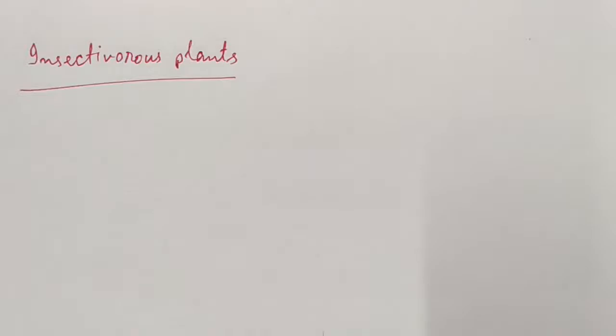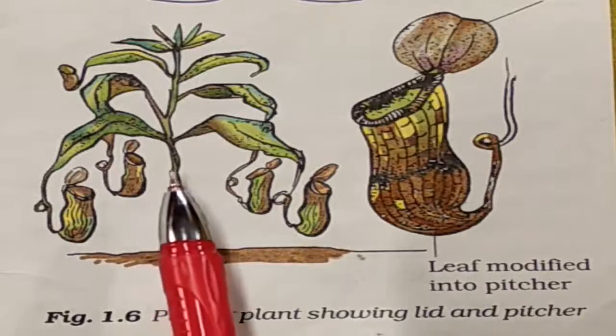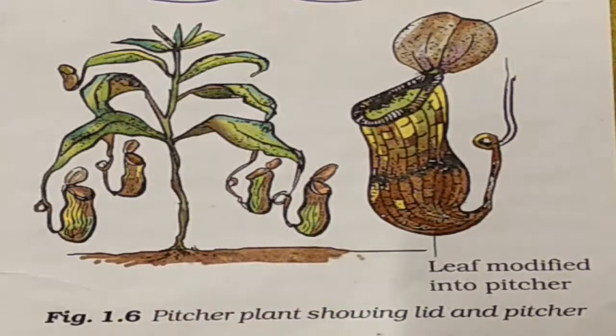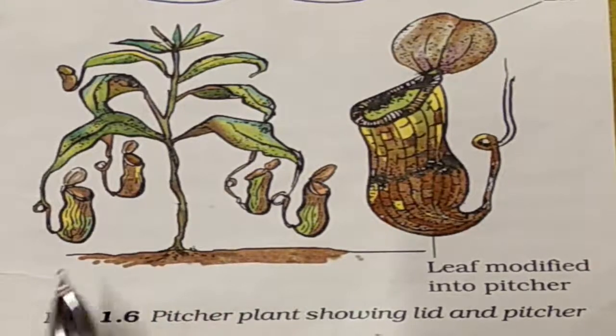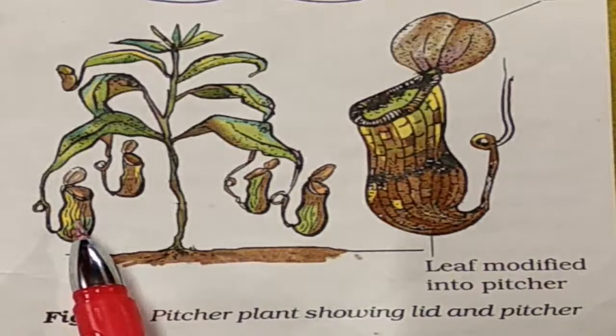Let's see the picture of the insectivorous plant. It is the pitcher plant because it looks like a pitcher. This pitcher or jug-like structure is the modified part of a leaf.